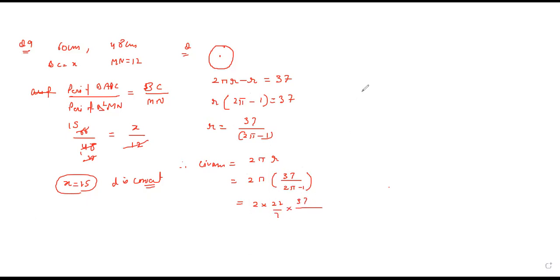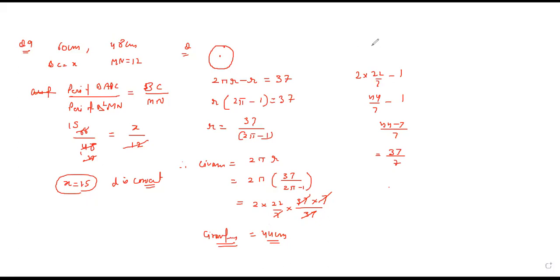So 2 pi minus 1 is 2 times 22 over 7 minus 1, which is 44 over 7 minus 1, that is 44 minus 7 upon 7, which is equal to 37 over 7. So 7 upon 37 goes, and the circumference is 44 centimeters. I hope it is clear. Anything else from anybody?